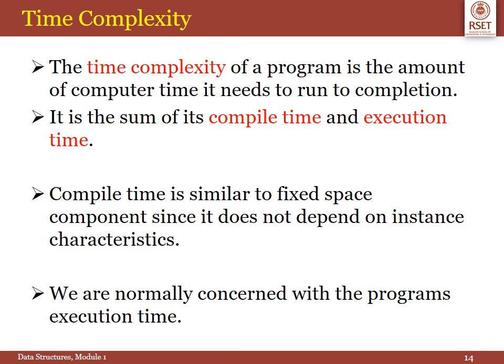The time complexity of a program is the amount of computer time it needs to run a particular program till its completion. Now, normally it is the sum of its compile time and execution time. The compile time is normally similar to the fixed space component of the space complexity, so it doesn't depend upon the instance characteristics.